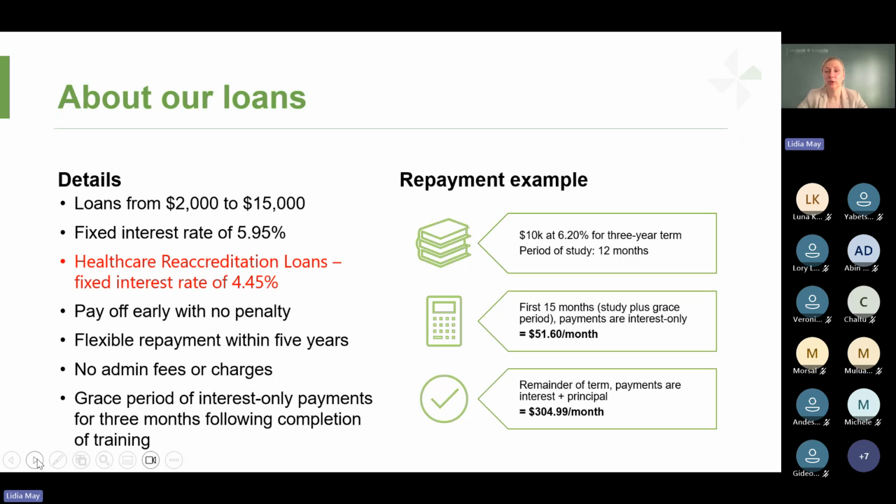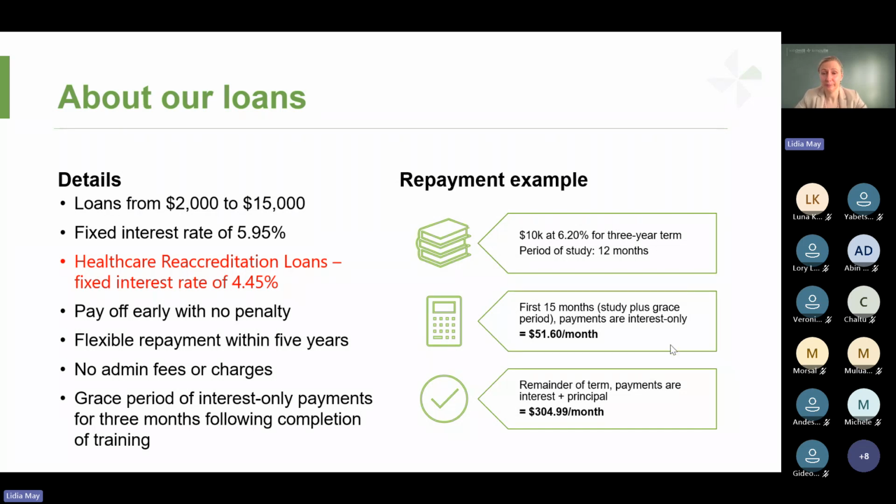So on the right side, you can see an example. So let's say, oh, sorry, it's an old slide. But okay, I can calculate easily here. Let's say that you take 10,000 and the interest rate now is 5.95, so it's lower.